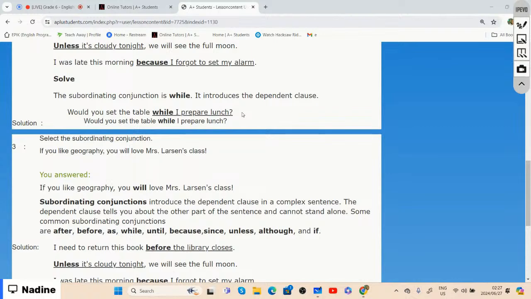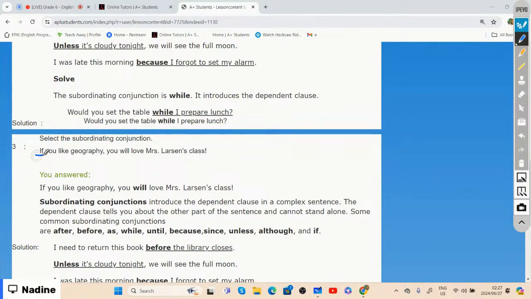All right, so if we were to choose our subordinating conjunction, we would say it is if. So if you like geography, you will love Mrs. Lawson's class.